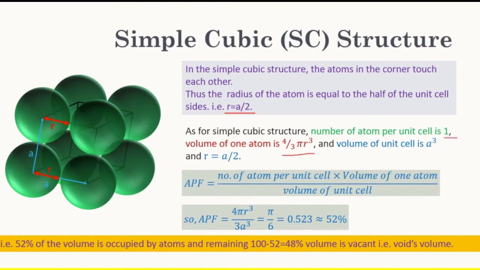Volume of the atom is given by 4 by 3 pi r cube and volume of the cell is a cube, and r we already know. So from all these values we can get the atomic packing factor for the simple cubic structure, which comes to 52%. So it means that 52% of the volume is occupied by atoms and the remaining 48% volume is vacant, which is called the void volume.